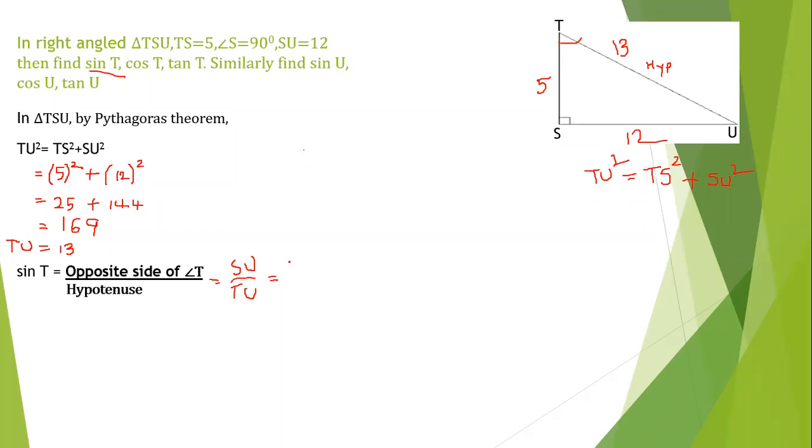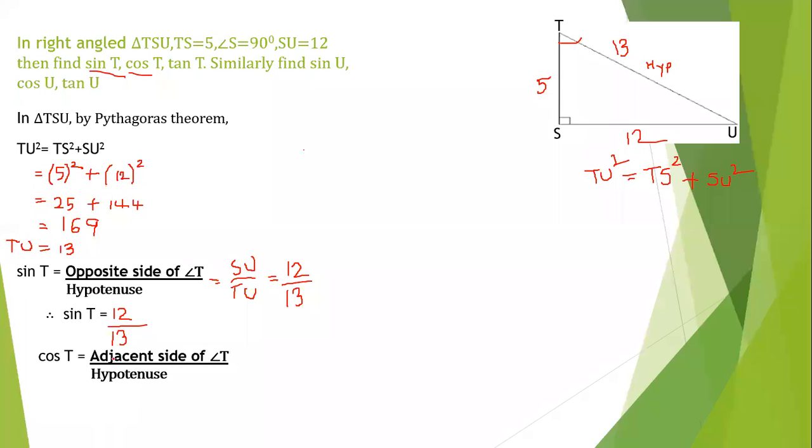SU is 12 and TU is 13. So we got sine t equals 12 upon 13, right?